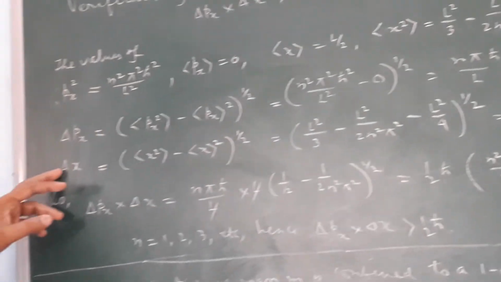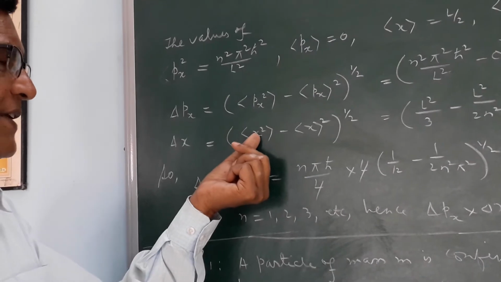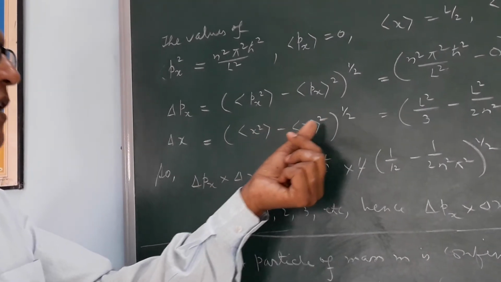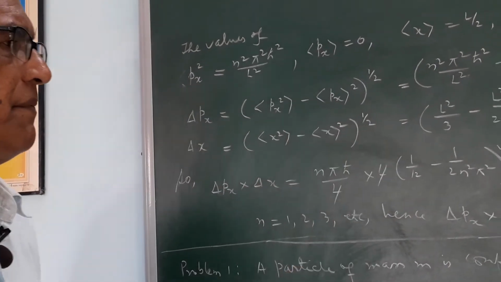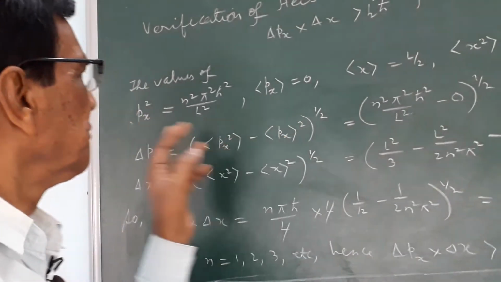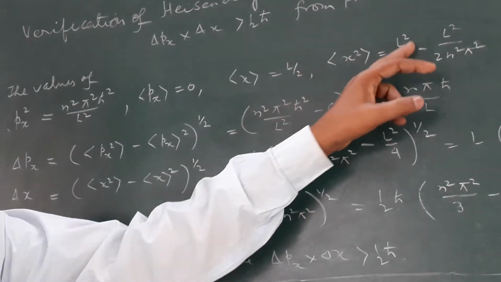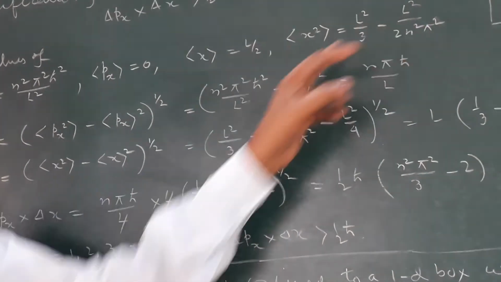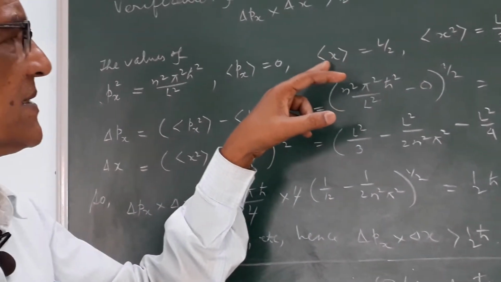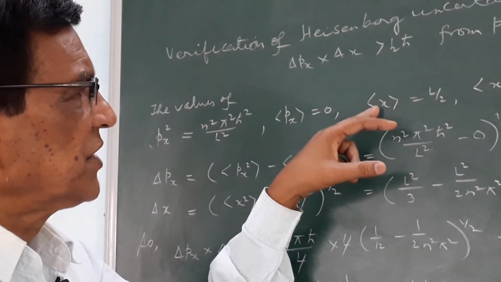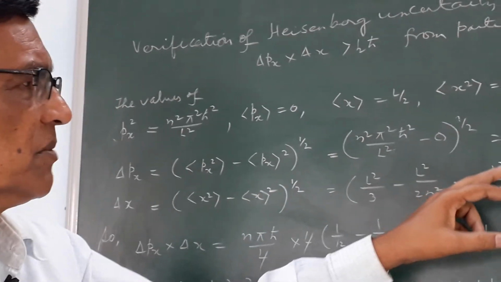Similarly, delta x equals the expectation value of x square minus the square of the expectation value of x, the whole to the power half. Whenever we put this in, the expectation value of x square equals this one minus this value, and the average x equals L by 2, and its square means L square by 4.